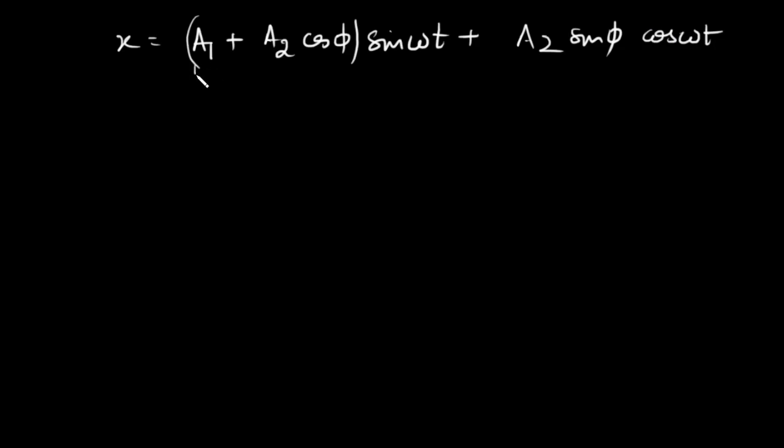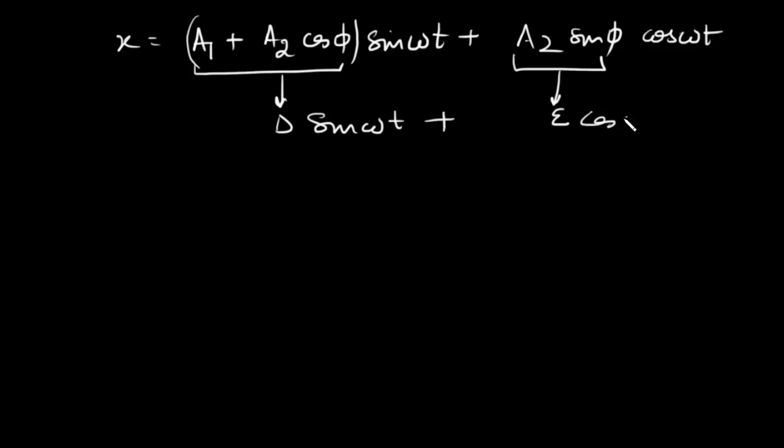So we can take the coefficient of sine omega t as D, and the coefficient of cos omega t as E. We can write this expression as D sine omega t plus E cos omega t. Now we can simplify and obtain one equation from this.